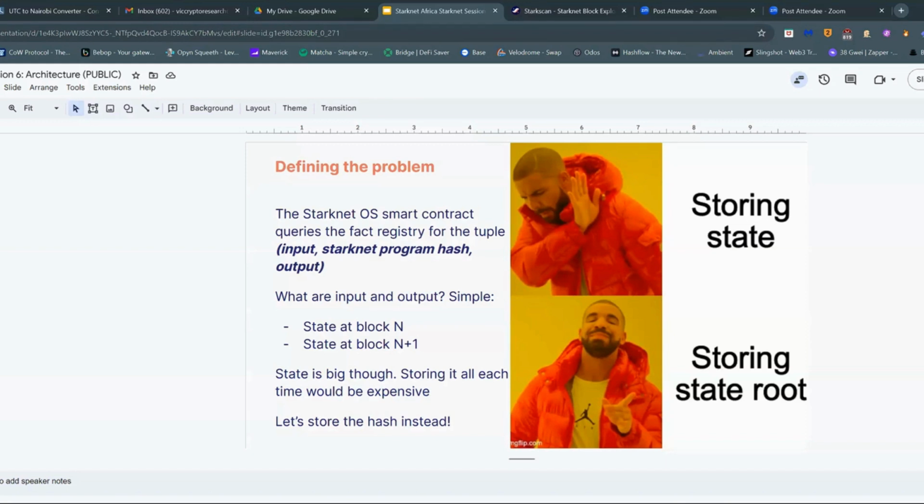It's an area which is still under development, but it's very critical. And what Starknet is able to do by using hashes instead of actually storing the data is one of the compromises, one of the approaches that projects are trying to make to solve this challenge.